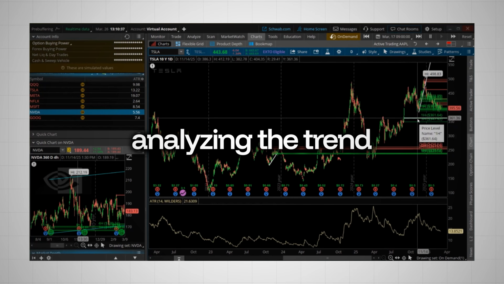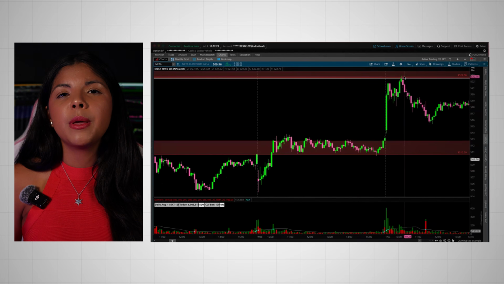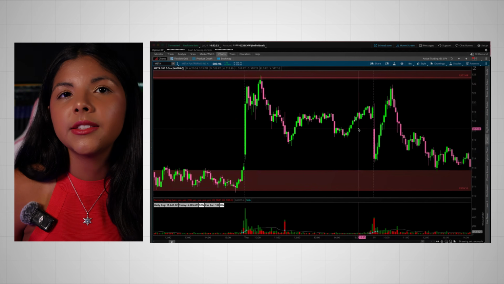For example, there's multiple layers to my strategy. Analyzing the trend, analyzing indicators, using confirmations. But if I want to test one independent factor with a strict exit strategy just to test the effectiveness of that factor. For example, maybe I would just test supply and demand zones.